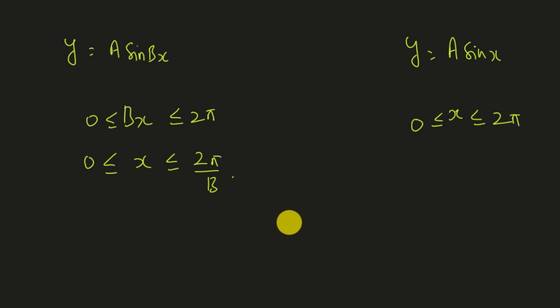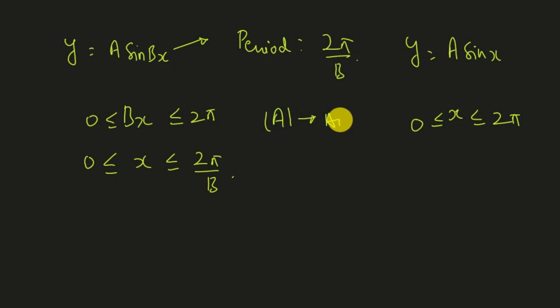Thus we can say that the period for this kind of graph is 2 pi by b, right? And here a is the amplitude, right? Now if b is greater than 1, then what does it mean?